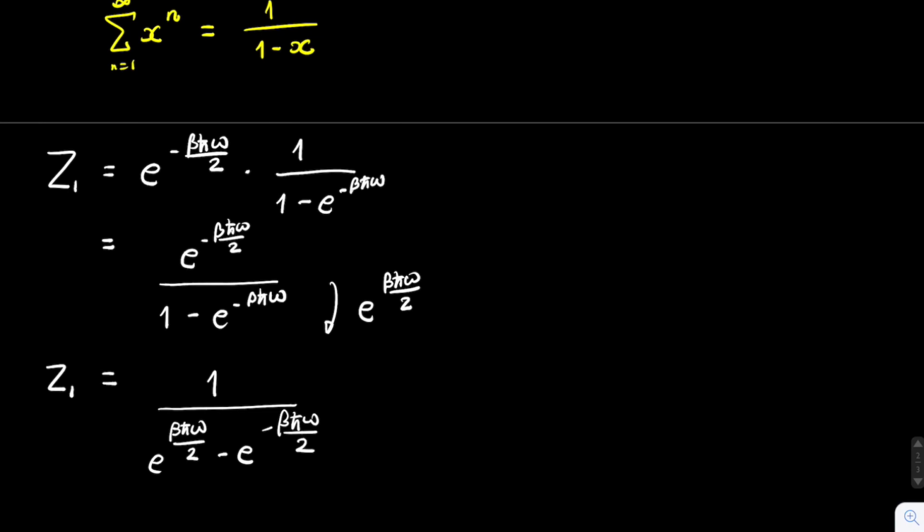Now, if you know your hyperbolic trigonometric identities, which I must say I don't, I've completely forgotten them. We learnt about them in first year, and since then I've completely forgotten them. But if you look them up on Wikipedia, then you'll see that this is actually equal to 1/2 of the cosec of beta h bar omega over 2.